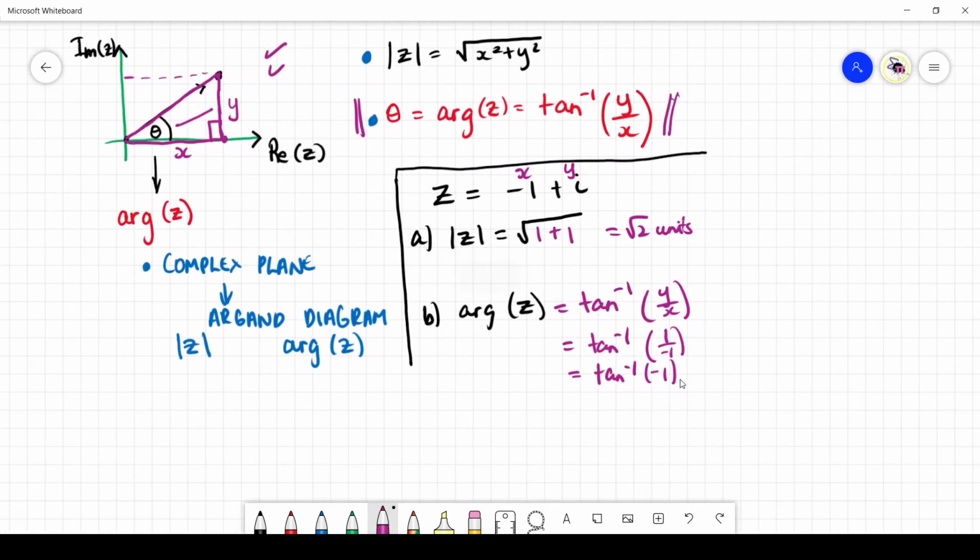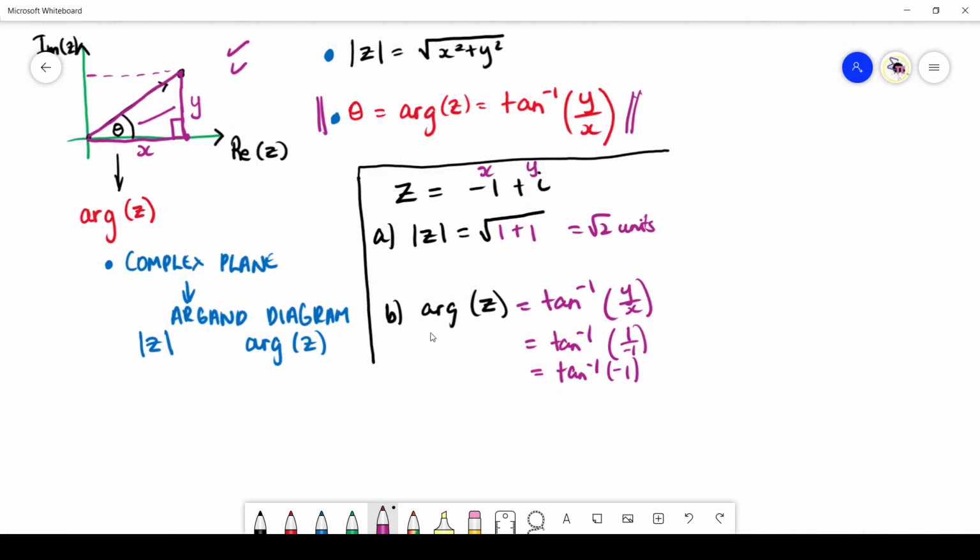And if you go to your calculator, tan inverse of -1 should produce a value of -pi/4 for those of you guys who know it off by heart. But unfortunately, this is not the final answer for a question like this. And that takes us into what we're going to learn up next.